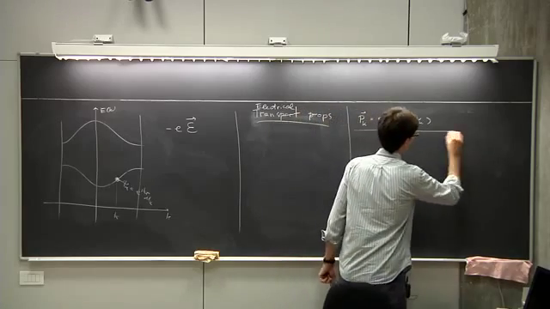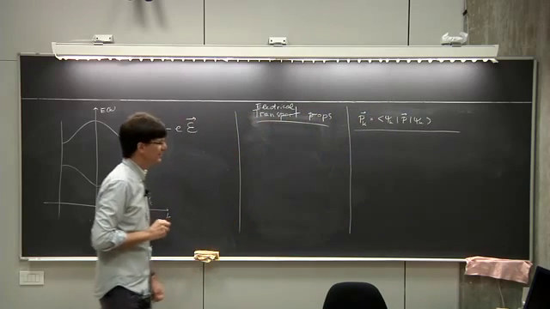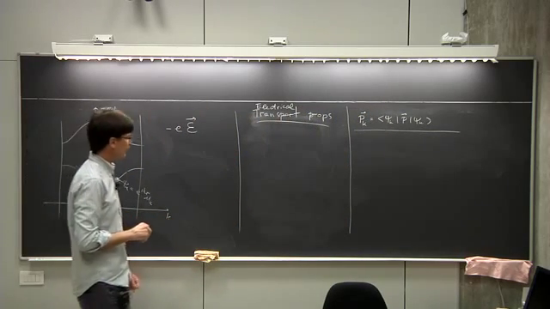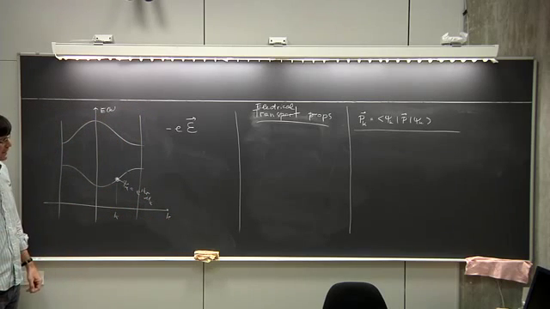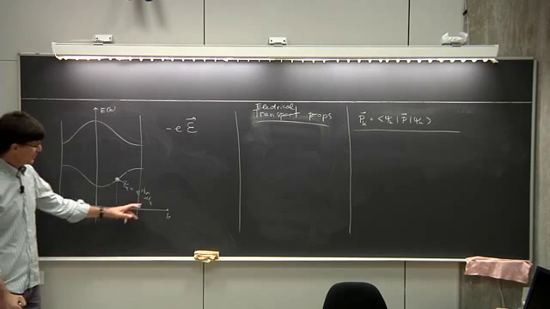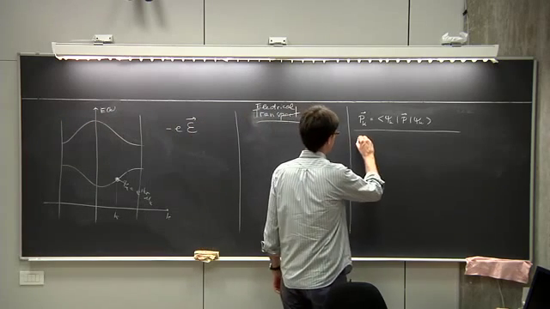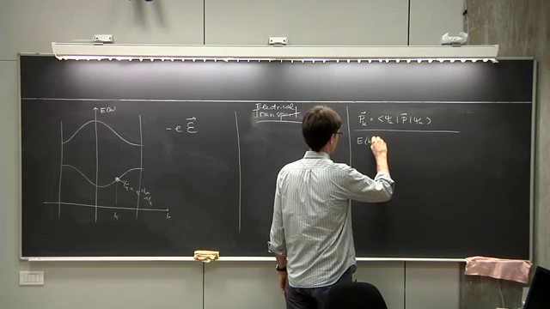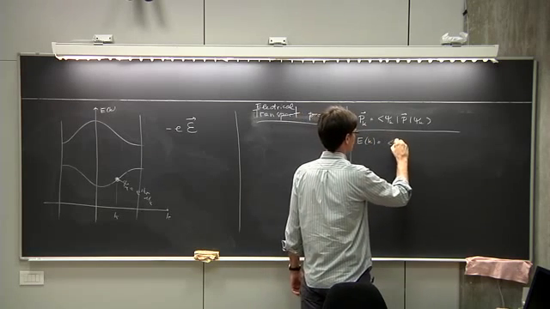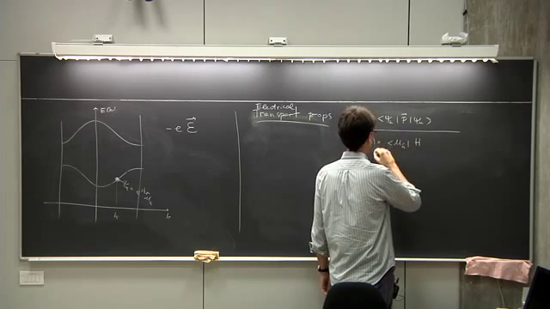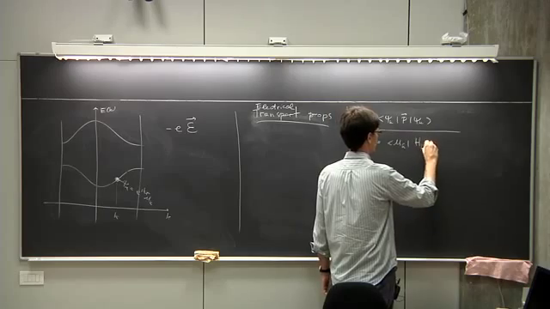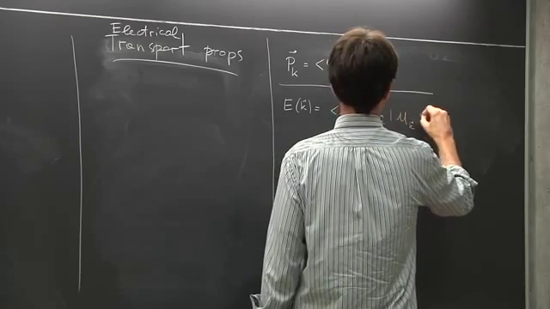I'll have to go through some mathematics now, so I hope you will be able to follow me. So first thing, what can I say about it? I can certainly say that E of k is equal to u_k, h of k, let me put vectors here to be sure, u_k.